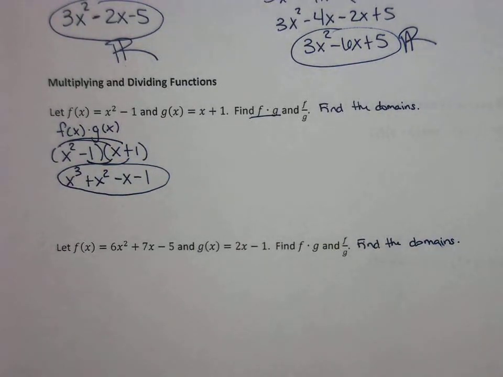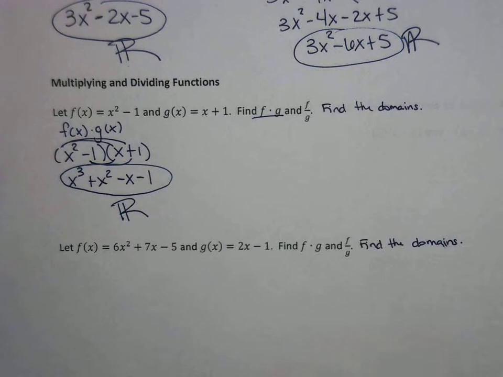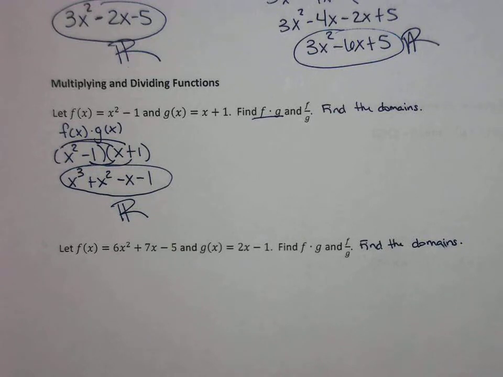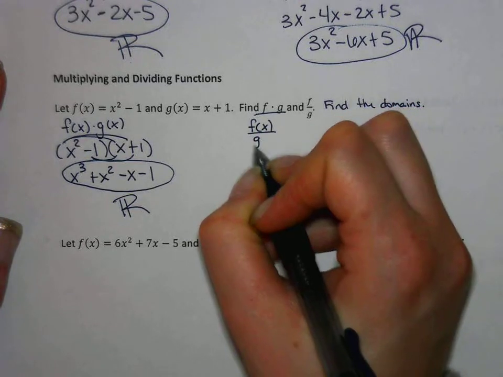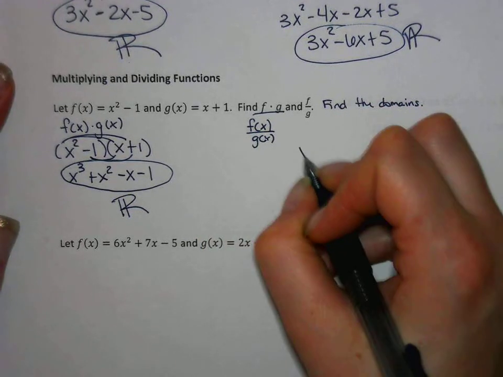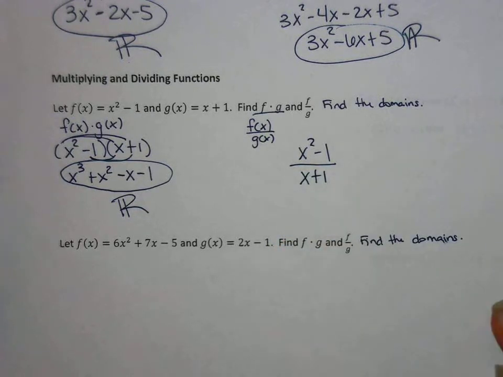And our domain. In this problem too, there are no limitations on what our x value can be, so it's all real numbers. So now what happens when we divide? So that means we're taking f of x and dividing it by g of x. So we have x squared minus 1 divided by x plus 1. And for right now, we are not going to factor and simplify this any further.